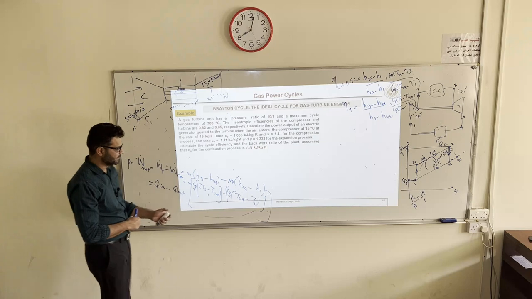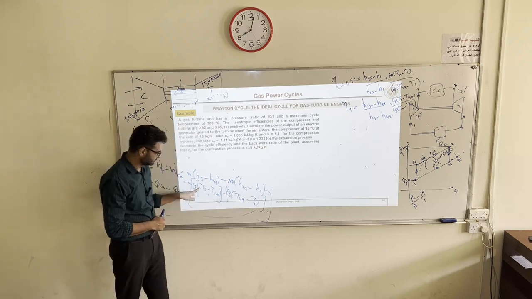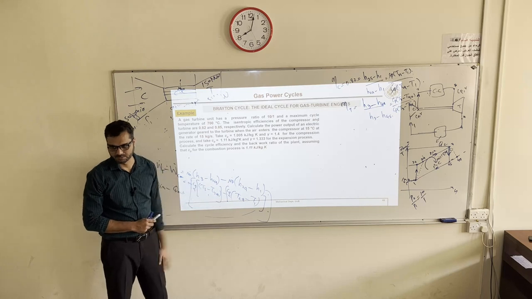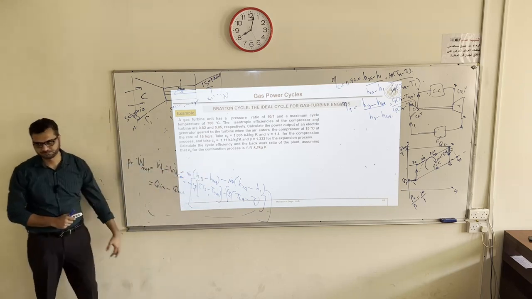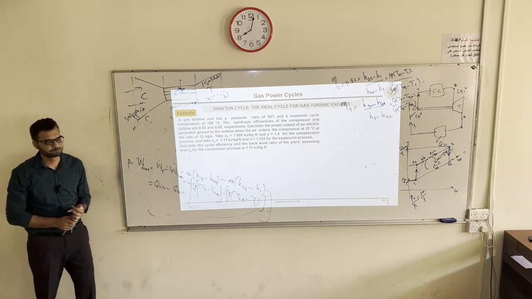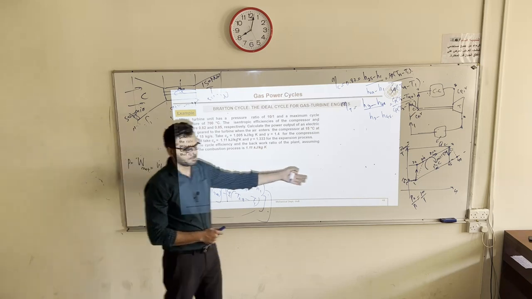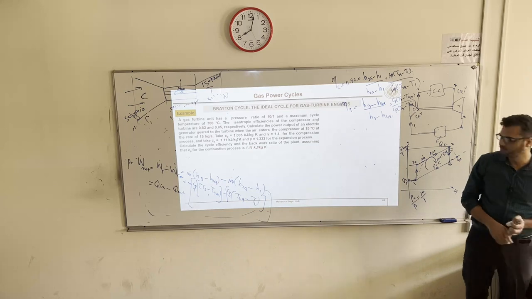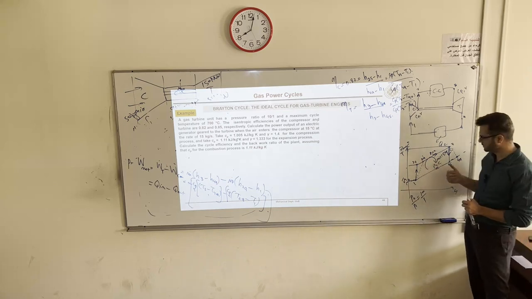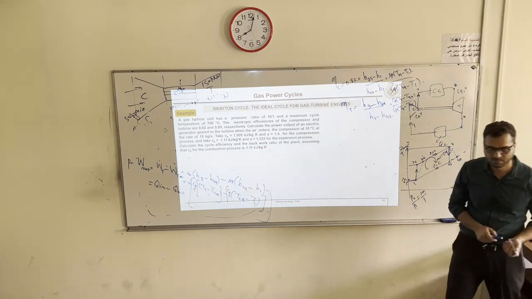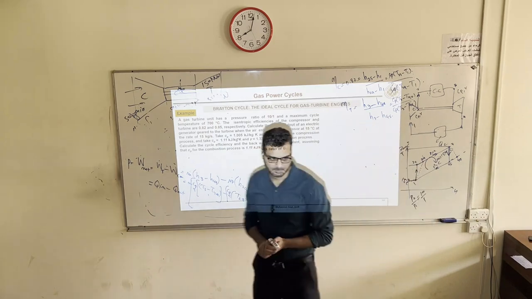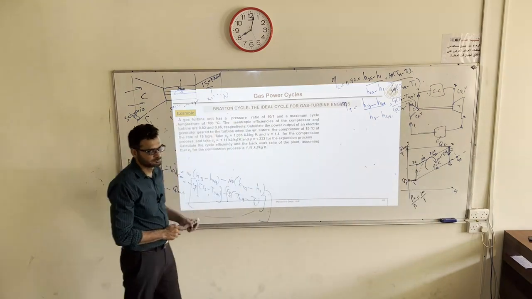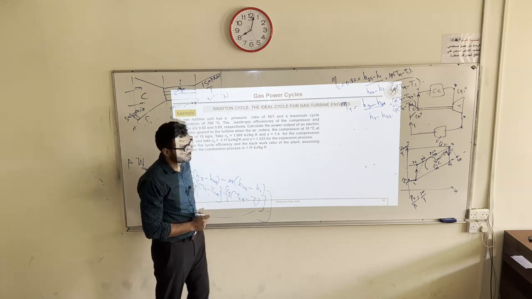So what we need to calculate? All the temperatures. Cps are given for turbine and for compressor. It's clear? T1 initial temperature we know, final temperature is also given, so we need to calculate T2A and T4A. So how can we calculate?